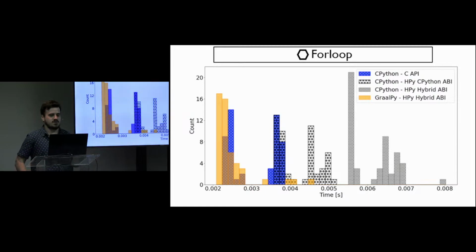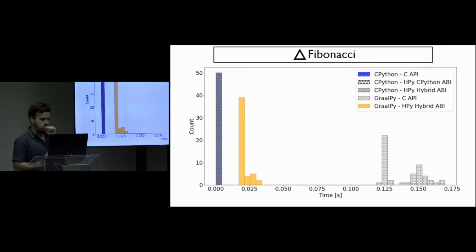You can see the HPy hybrid ABI is slower than the CPython ABI. As expected, it's less specific, it's not tailored to CPython like the CPython ABI is, so it would make sense that it is slower.